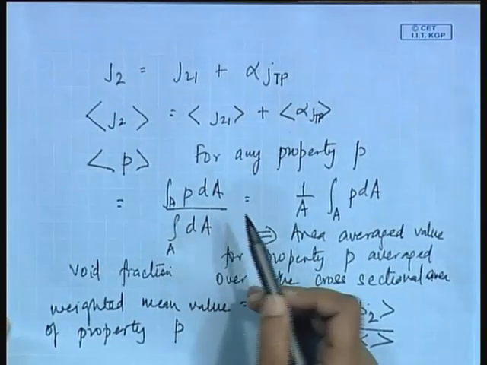In single phase flows, very frequently you are supposed to find out the area average velocity, for which you are given a velocity profile, you integrate the velocity profile over the entire area divided by the area, you get your cross sectional average velocity, or in other words, you integrate the entire profile, you get the volumetric flow rate of that particular fluid over that particular area. So, this area averaged value of this property, where the property is averaged over the entire cross sectional area, you are already familiar with, is not it?